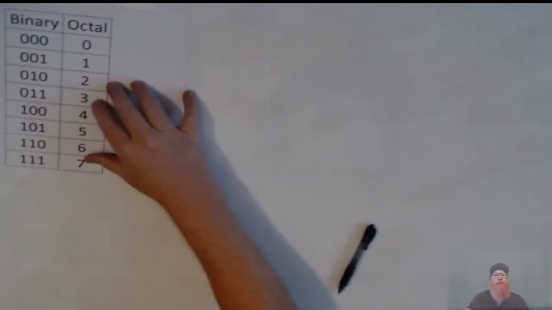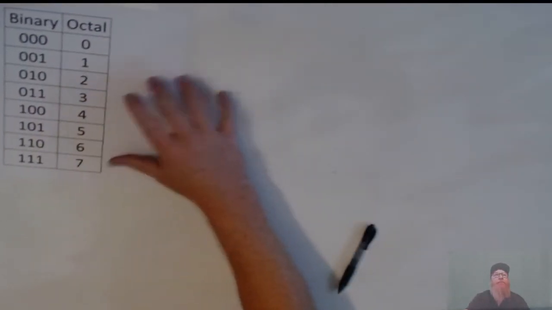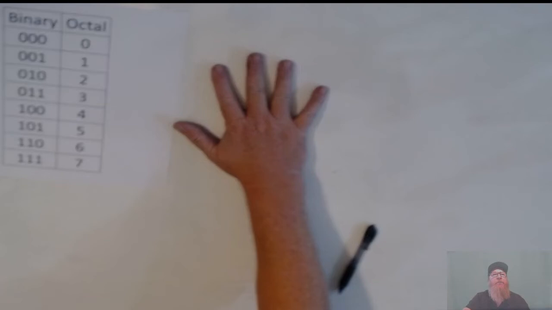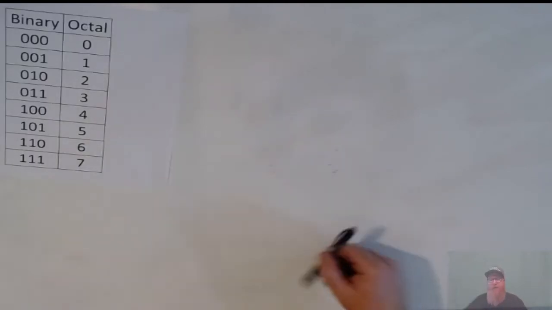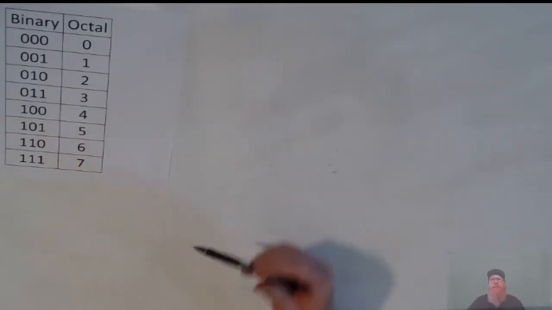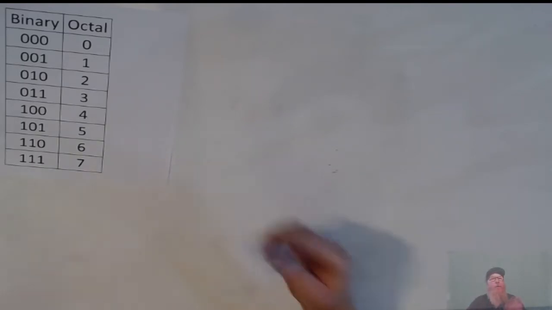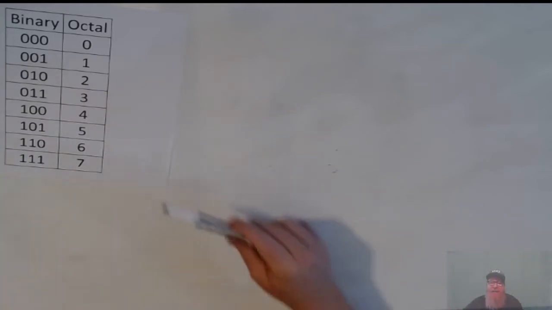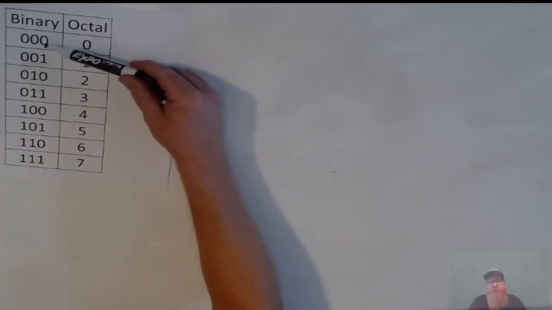Okay. So we've got our binary, we've got our octal. You could memorize this list. It would probably only take you 10 minutes to memorize it. Or not. You don't have to memorize it. If you forget this list, you can just have it handy, or you could reproduce it relatively quickly.